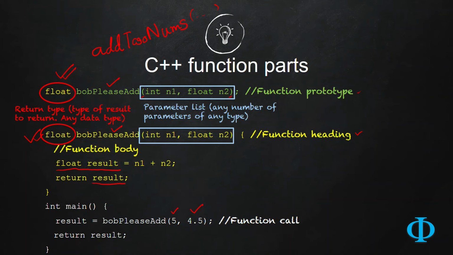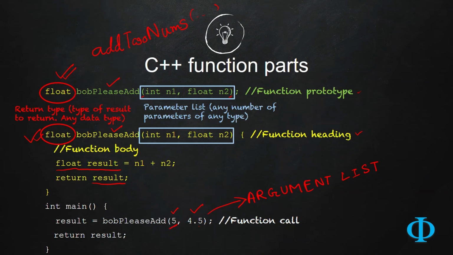Now when it comes to the actual value that you are passing, they are called arguments. So these actual values, this 5, 4.5, they are called arguments, or you can call this the argument list that comes during the function call, the actual values that you are passing.